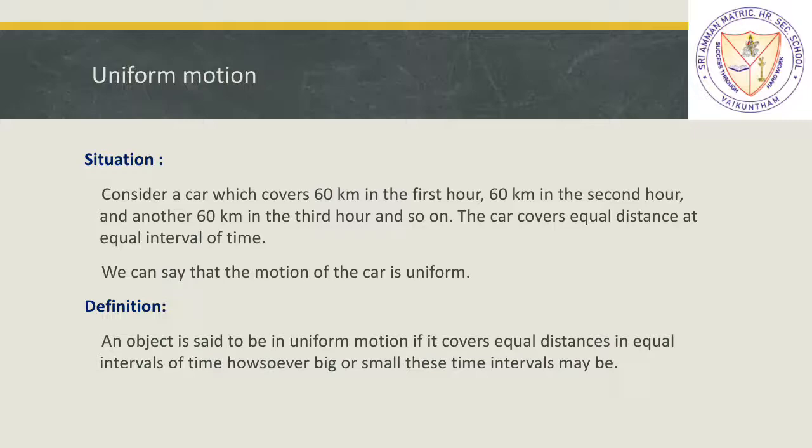If any object is covering 1 millimeter in 1 second, the next 1 second again 1 millimeter, the next 1 second 1 millimeter, if the motion of an object shows this kind of uniformity, then we call it uniform motion.